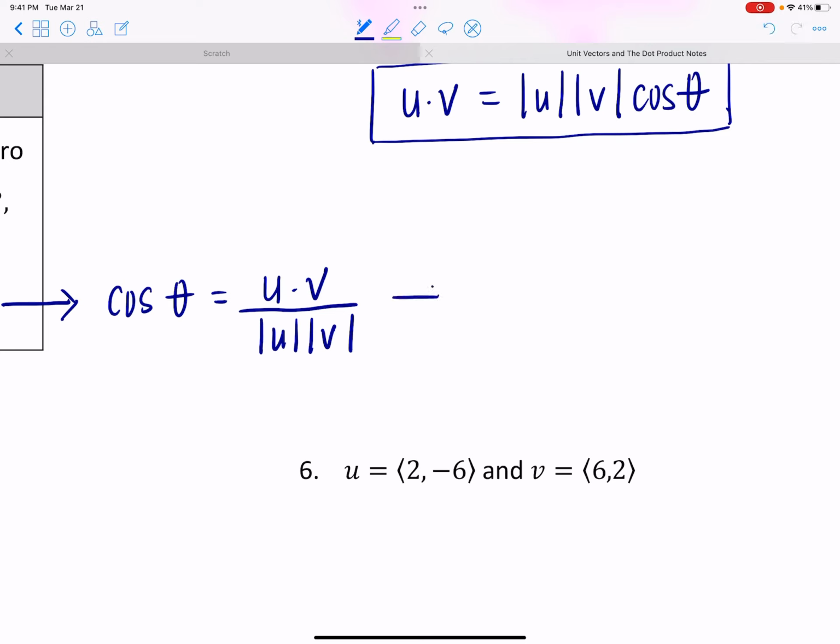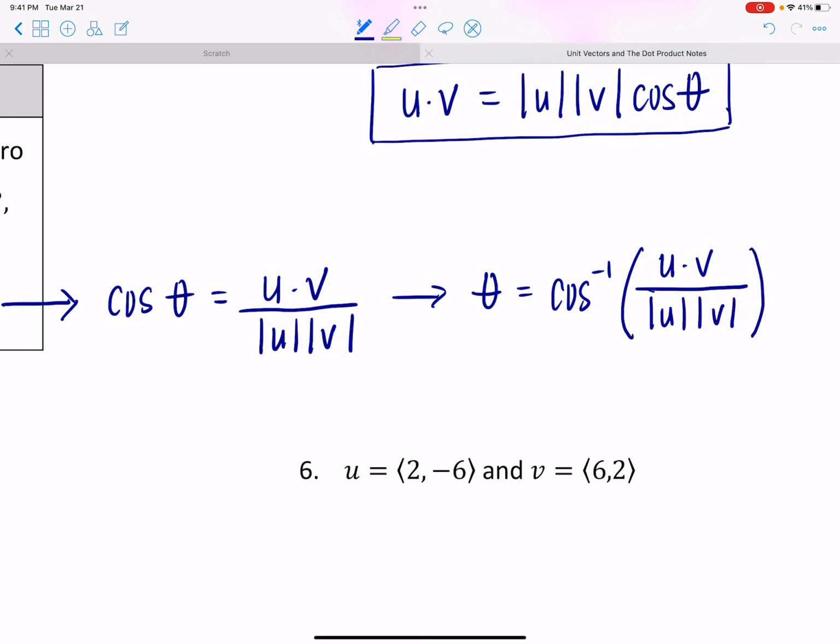So this leads me to saying the angle is going to be equal to the inverse cosine of, again, u dot v over the magnitude of u times the magnitude of v. So if I want to find the angle between two vectors, I can take the inverse cosine of that fraction that contains the dot product in the numerator and the product of the magnitudes in the denominator.